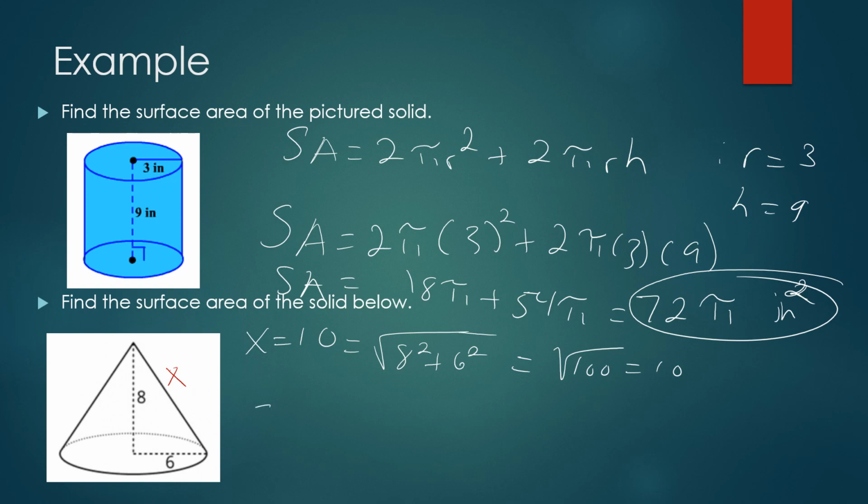Now we can find the surface area. The surface area is going to equal the area of the circle, which is pi times 6 squared, plus the area of that cone, which is going to be pi r, 6, times the slant height, which is 10.